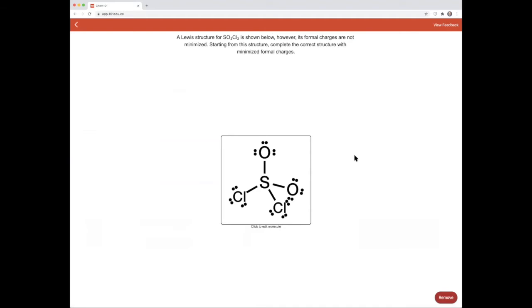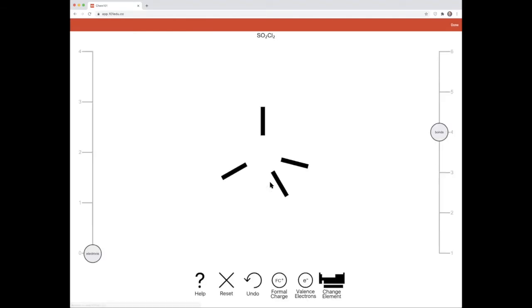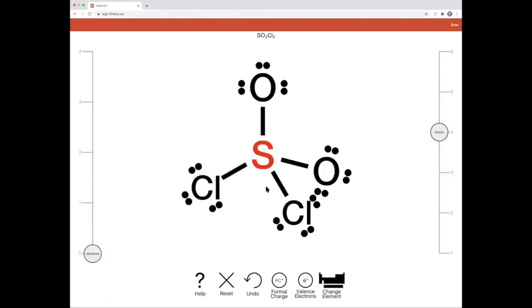So for question 46, it says, same compound, SO2Cl2, but in this case, it tells us that the formal charges are not minimized. And so we're going to start from this structure, and we're going to tweak it so that we minimize the formal charge. So right now, I've got a formal charge of +2 on the sulfur, and that's the one that we need to lower.